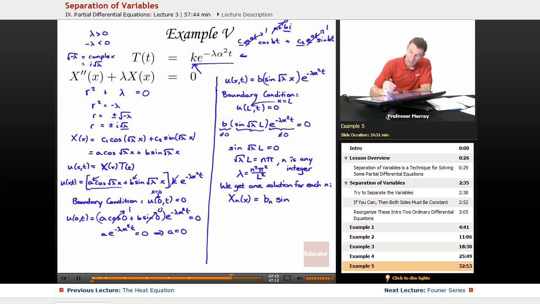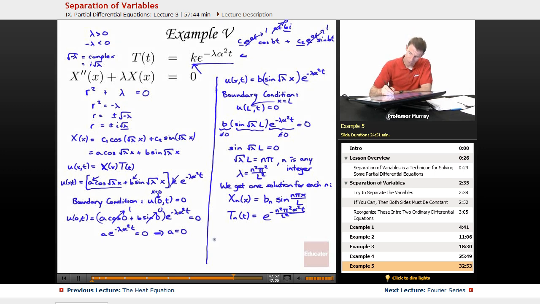So remember, root lambda is n pi over L, sine of root lambda x, so n pi x over L, and my t is equal to e to the negative, now lambda is rather messy, n squared pi squared over L squared, and I still have an alpha squared t in my exponent for e. So let me extend that. Alpha squared t. So that's my T sub n of t.